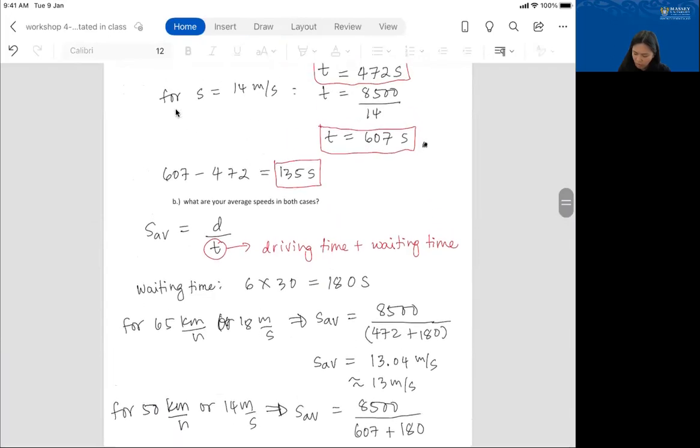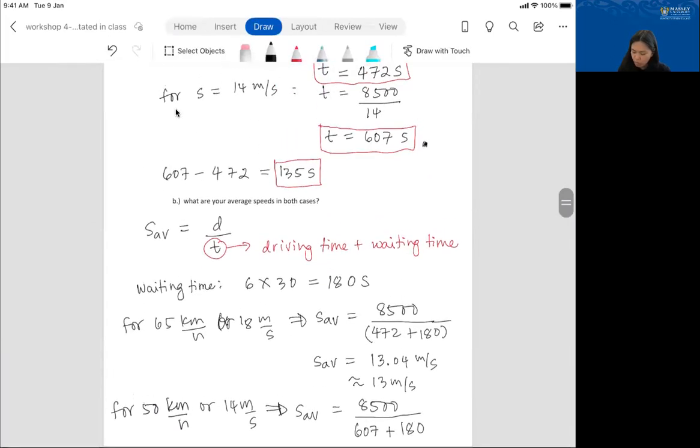That will be an average speed of about 10.8 meters per second, or about 11 meters per second rounded to two significant figures. It makes sense that even if you're considering the waiting time, your average speed should still be smaller if your driving speed is slower as well.